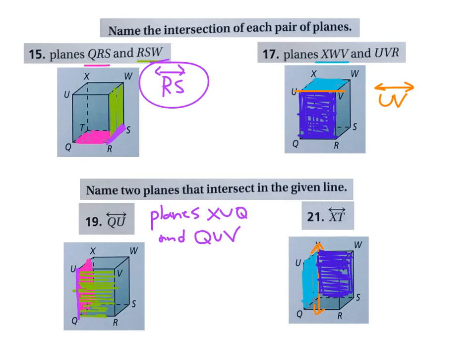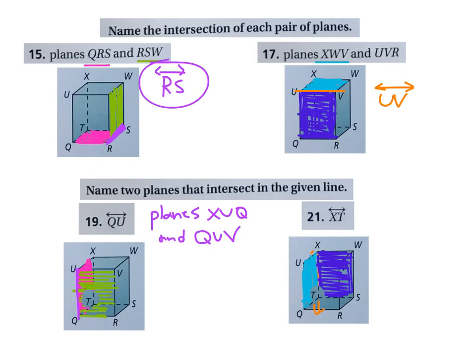Okay, the place that they come together is along that line, and that line is XT. And of course, I've done a good job covering up those points. You can't see them. They're right there, just like I did over there. There's that point as well. But since they come together along XT, we can use XT in naming them.